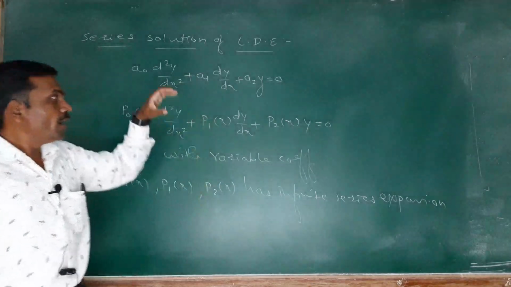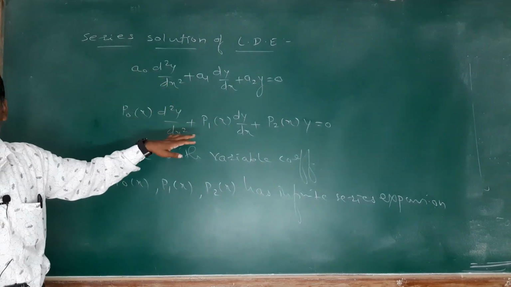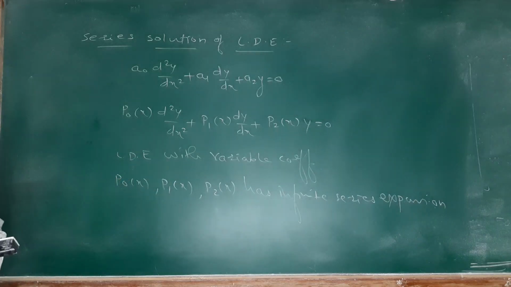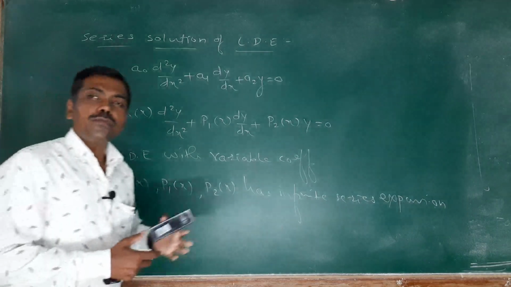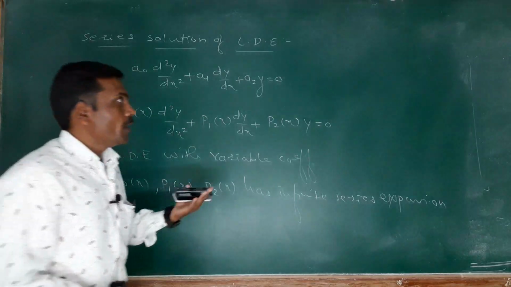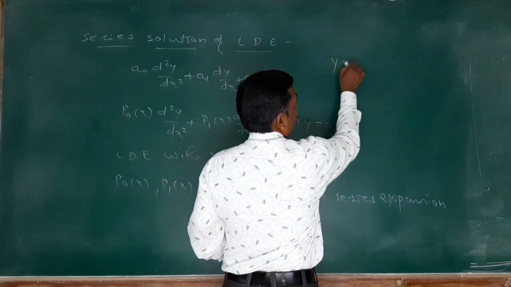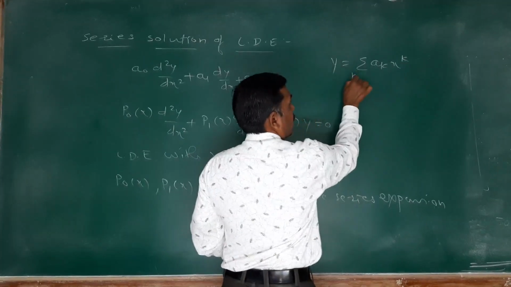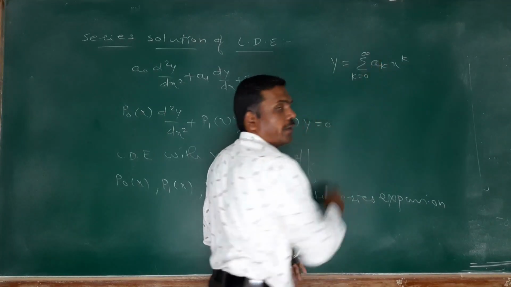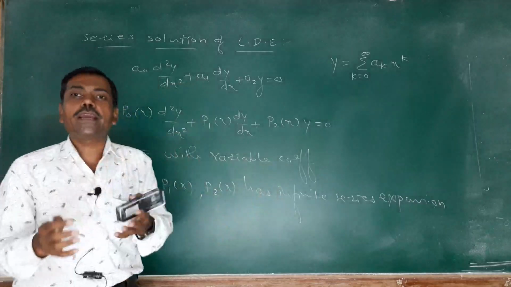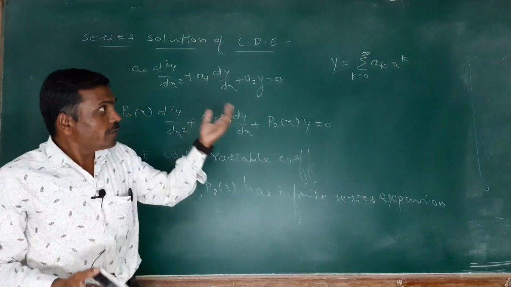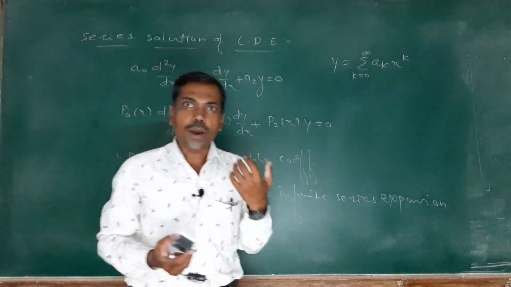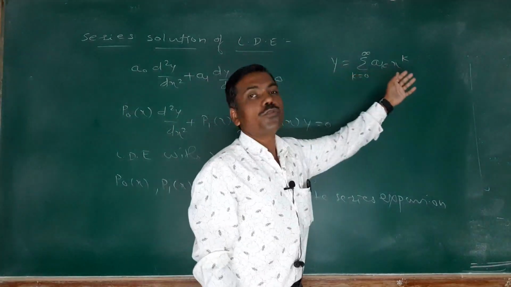So these are two concepts we have covered here. The first one is the definition of linear differential equation with variable coefficient and when it has a series solution. The next one is what is meant by infinite series. If I write a series y is equal to summation ak x raised to k, k equal to 0 to infinity, here I want a power series, a series in terms of x.